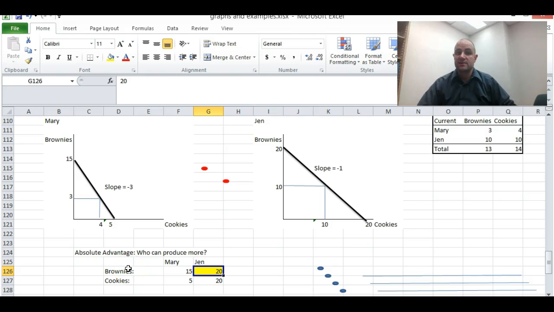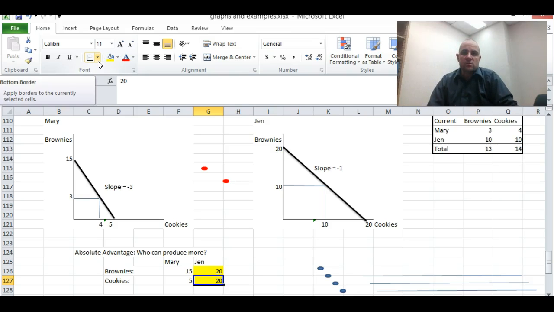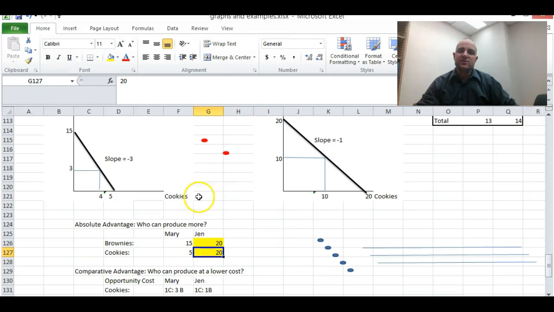What about cookies? In a day, Mary can make 5. Jen can make 20. So Jen also has the absolute advantage there. She's more productive. So the question right off the bat might be, if Jen's better at both, can they really benefit from working together? Let's look at the comparative advantage.